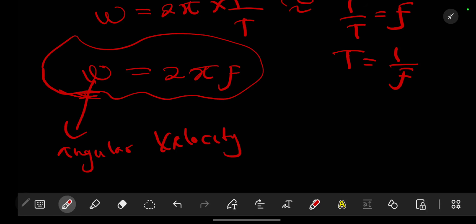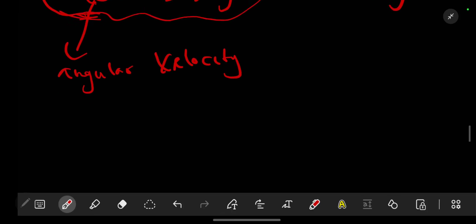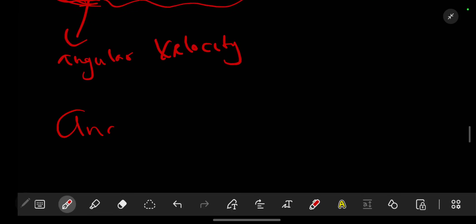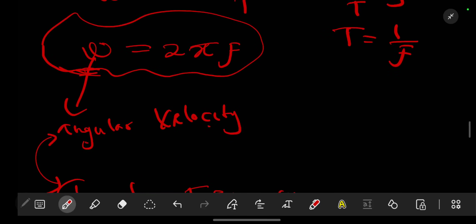Now likewise, if you are looking at another alternative, the angular frequency is the same as the angular velocity. If they tell you angular frequency, it is the same as the angular velocity.